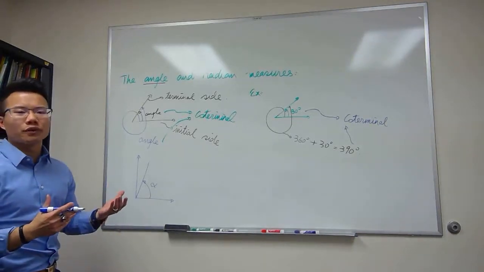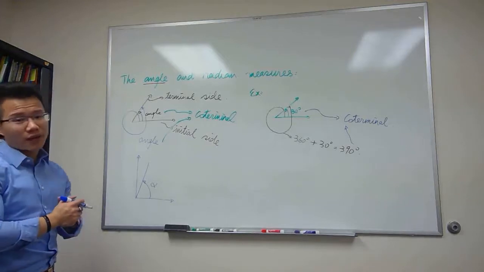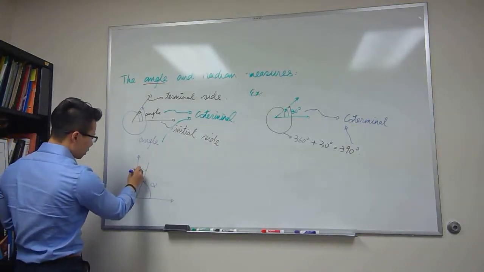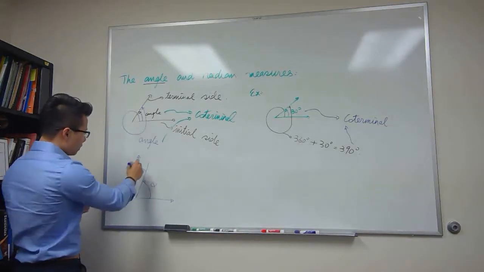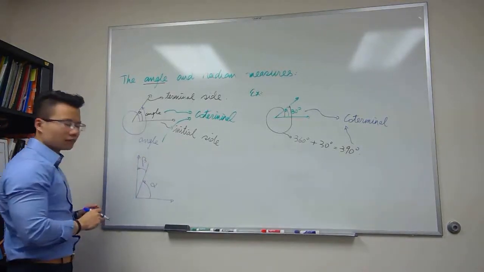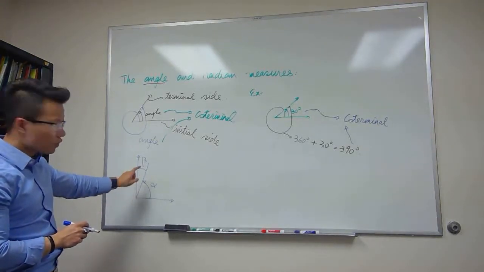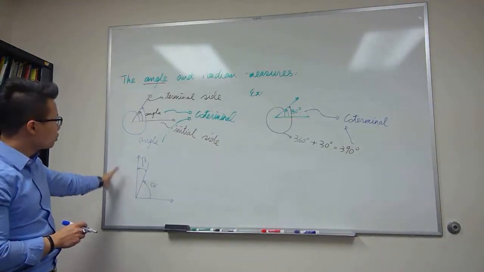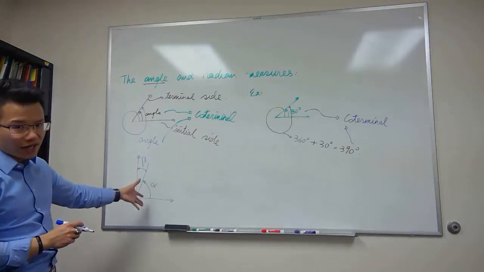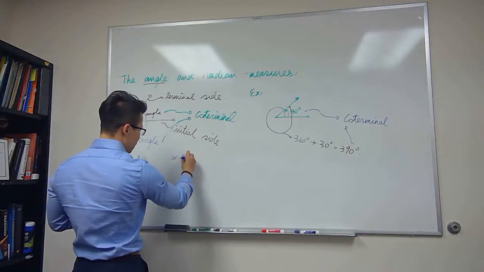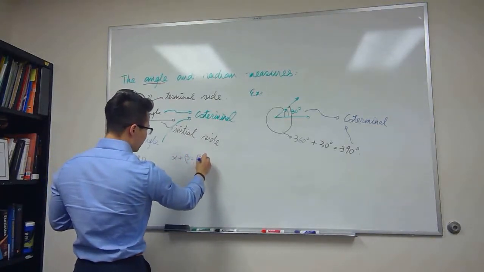It's just a variable and a letter, so you don't have to be scared of that. The second one, we go from the rest of the 90 degrees, and we get a beta. Okay. So as you can see in here, the alpha and beta are actually sharing the entire 90 degrees. So we know alpha plus beta is equal to 90 degrees.